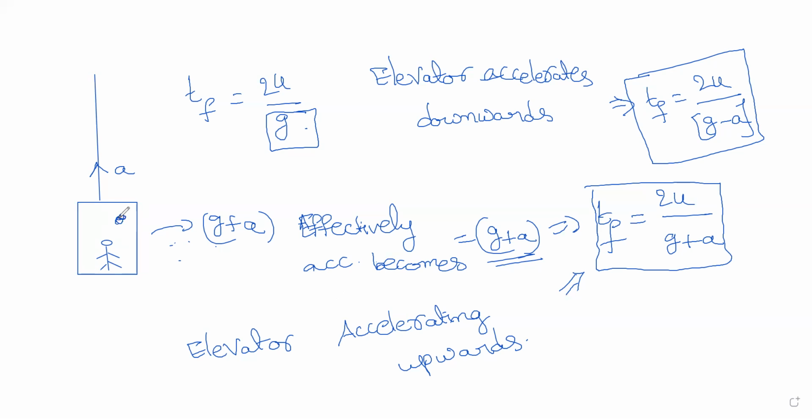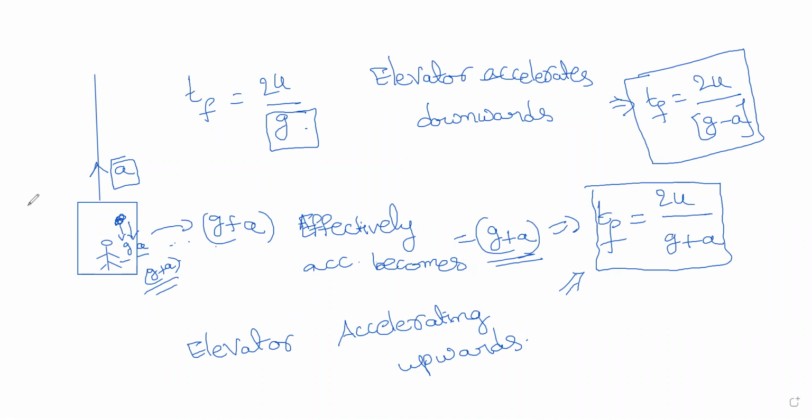When you throw the stone up, in the reference frame, g is acting downwards, that you know very well. Now what is the direction of acceleration? A, upwards. Whatever the acceleration direction, we give the opposite direction a here. So g and a are in the same direction. We'll write g plus a, as simple as that. That is the acceleration.